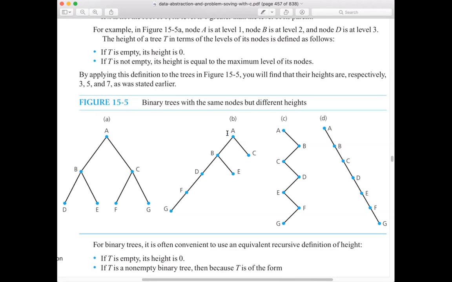What about B? What is the height of tree B? 5. That's correct, 5. What about C? Someone else. What's the height of tree C? I'm thinking it's probably safe to assume that you got the idea here, right? But just one more.